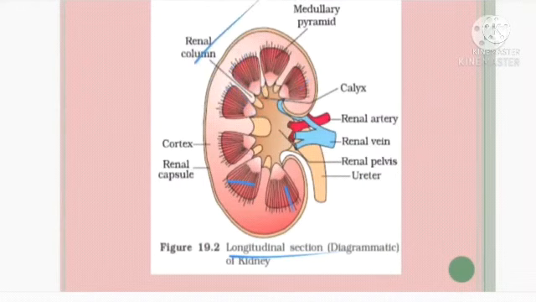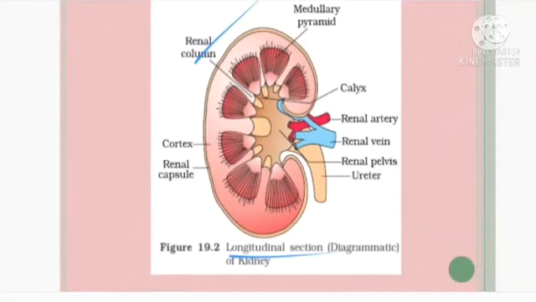The depressions through which they enter the medullary pyramid, we call the calyx. In the kidney, oxygenated but impure blood is brought by the renal artery, and deoxygenated but pure blood is taken away by the renal vein. Thereafter you can find the ureter.